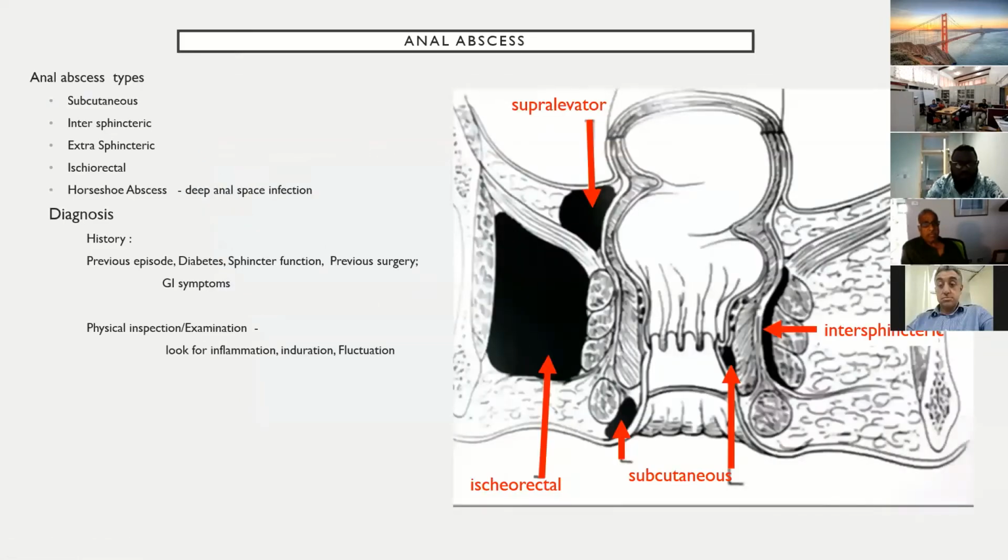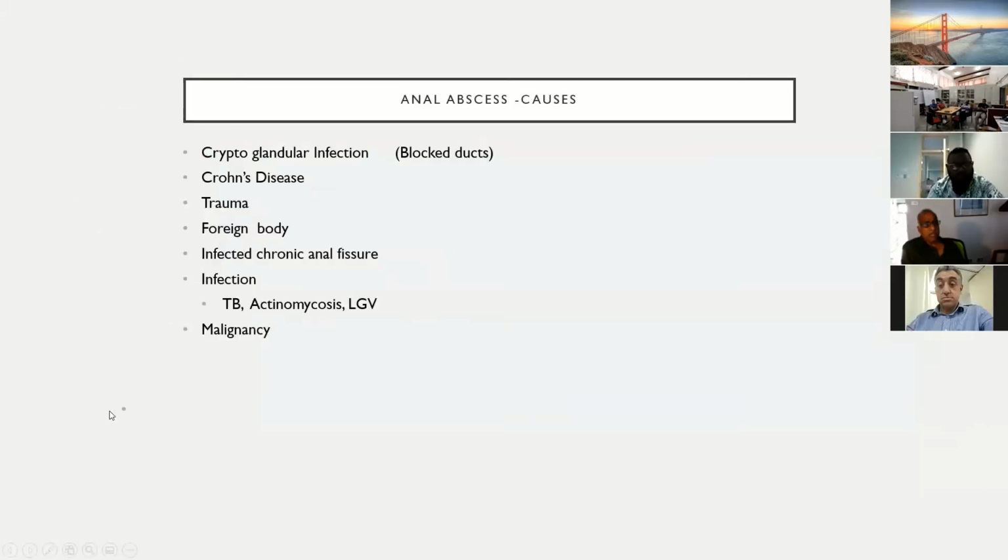Now, anal abscess. Most anal abscesses are related to infection of the blocked ducts of the anal glands. The most common problem is infection, and Crohn's disease.